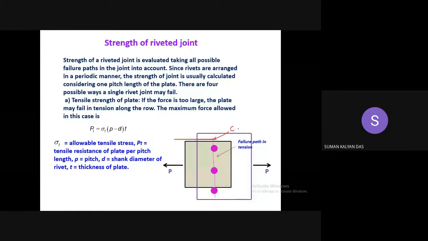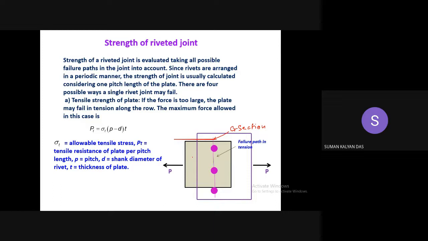So the plate may try to fail through this line. So if I consider that failure of the plate, that governs the tensile strength of the plate, because this is the minimum load the plate can sustain. Maximum jeta sustain kore seta niye to ami worried noi, jeta minimum ami seta niye bhabo, so minimum is this one.